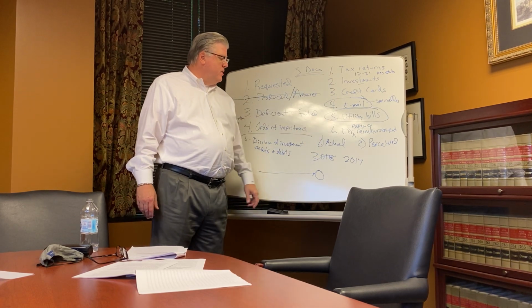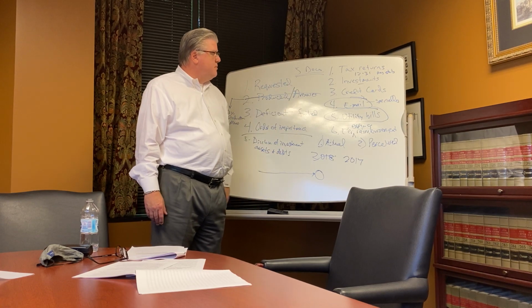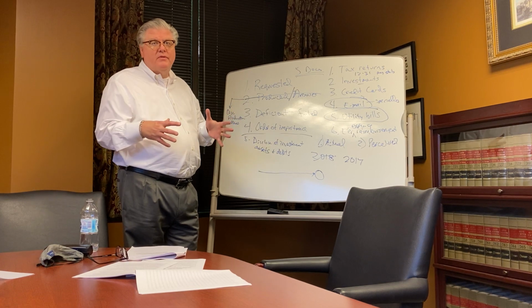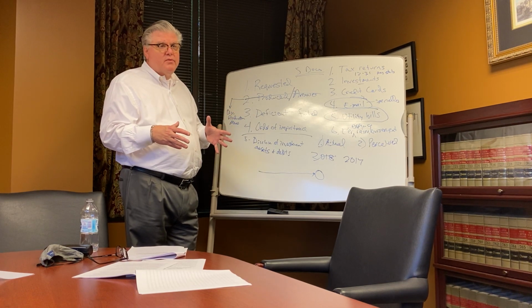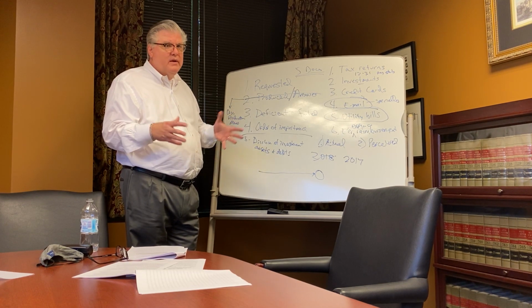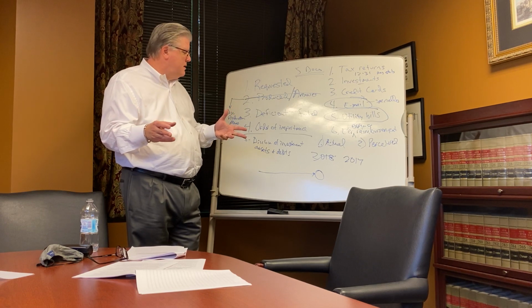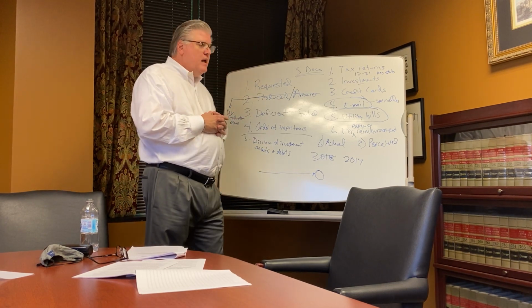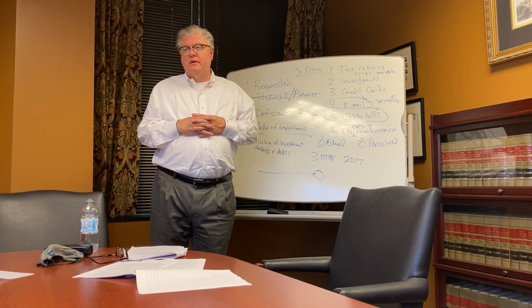Employer expense reimbursement, whatever. Try to keep it within reason. And when you don't know whether something's within reason, ask the lawyer. Okay? That's what the lawyer's job is. Any questions?